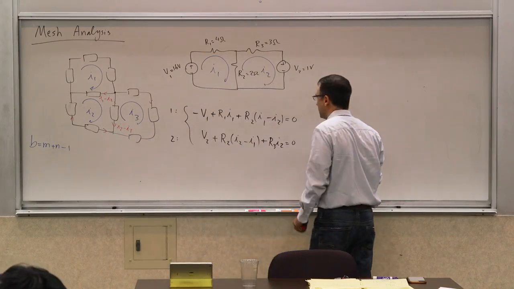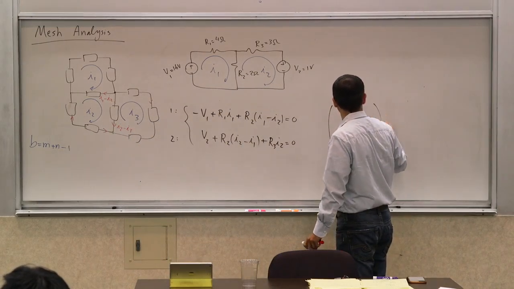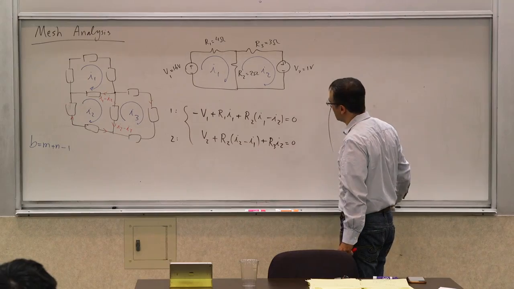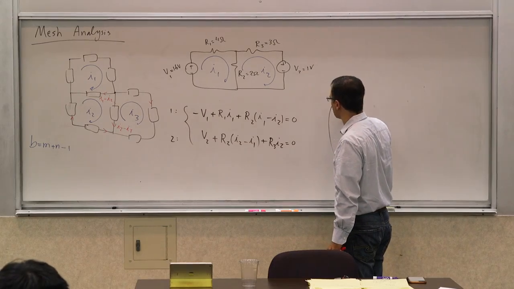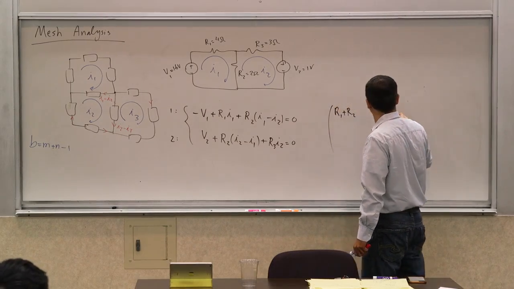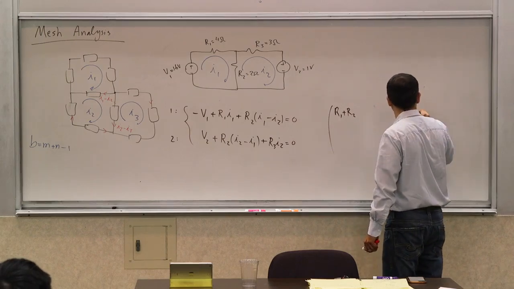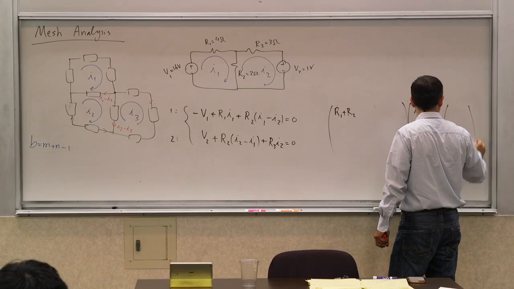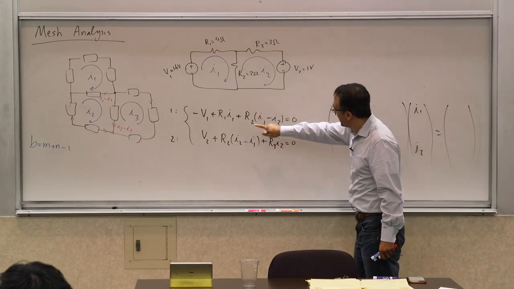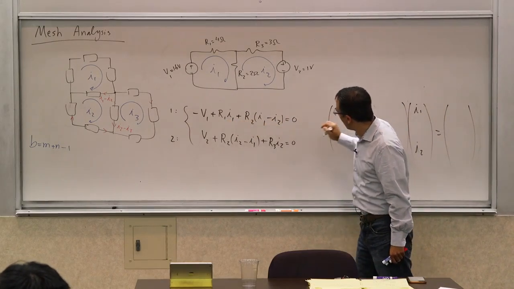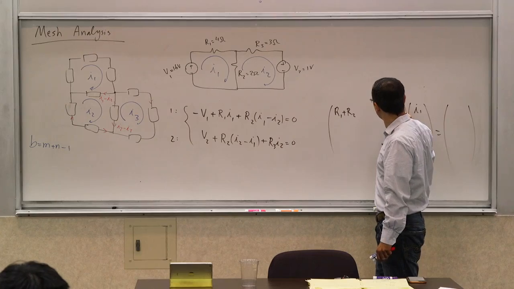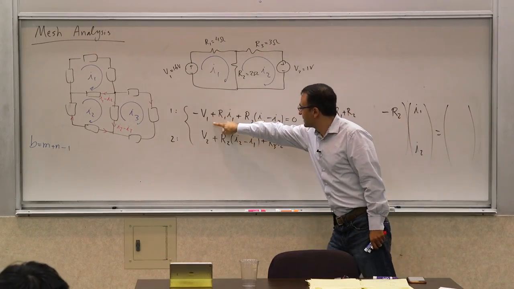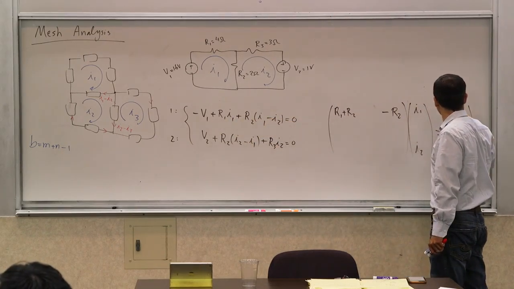I can reorder them, and when I reorder them, you can easily see I can write them in matrix form. I write it as R1 plus R2, multiplying I1 and I2, and I'm getting a vector of voltages on this side. So I get (R1 plus R2) I1, negative R2, and once I move V1 to the other side, it's going to be plus V1.